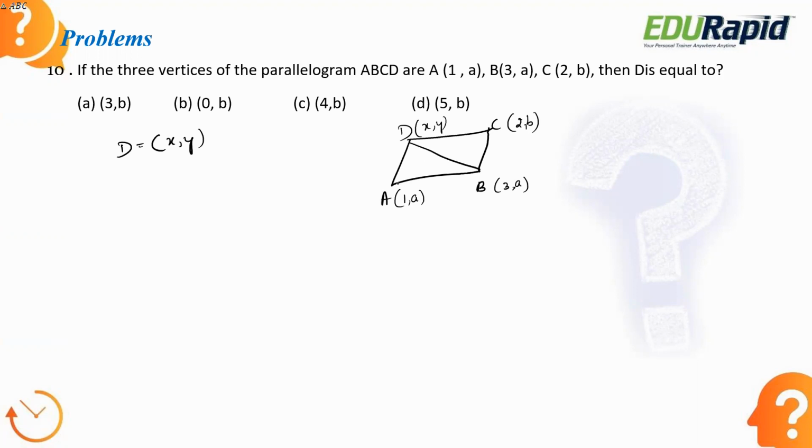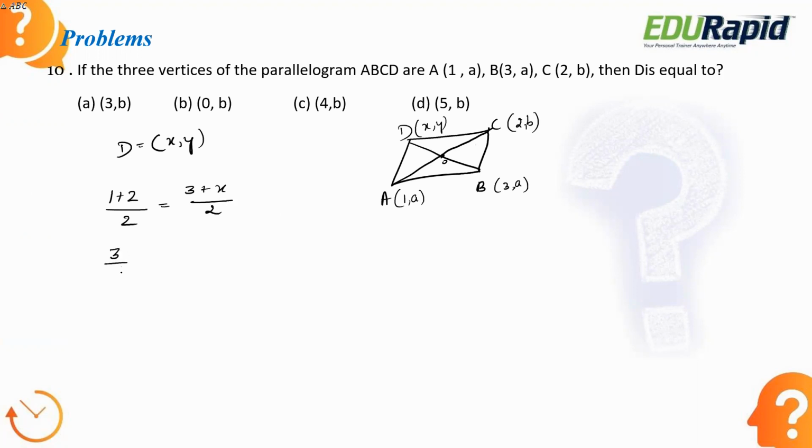You know, for a parallelogram, you have a diagonal which intersects at O. Because the diagonals actually bisect each other, we can find for the x coordinates, okay? So if we consider these 2 points, that is AC, we can say 1 plus 2, that is x1 plus x2 by 2 is equal to, for the next one, that is 3 plus x by 2. I'm considering only the x-axis.